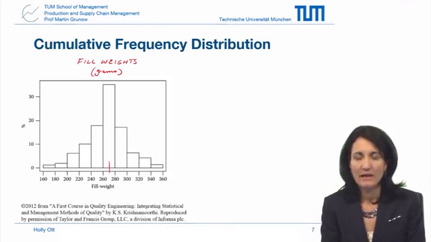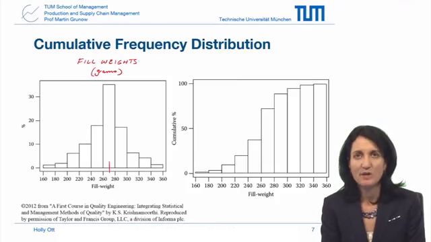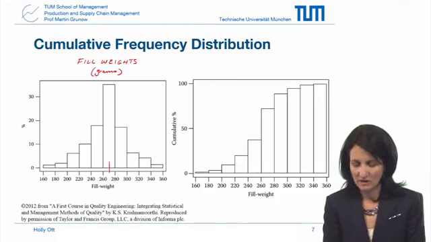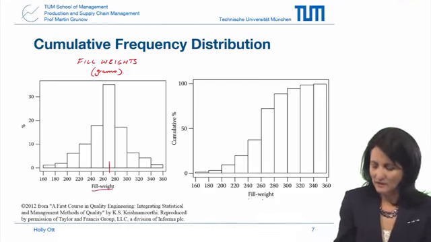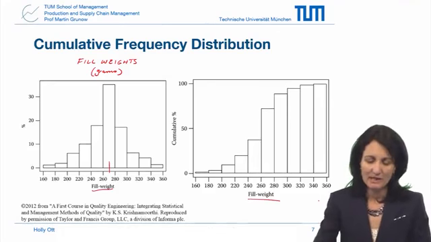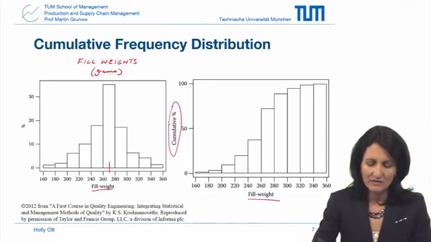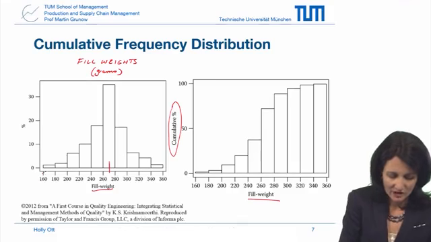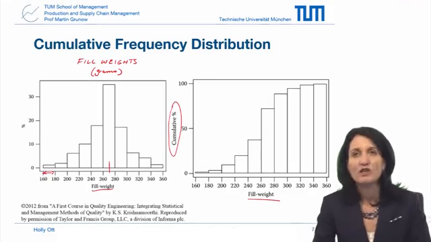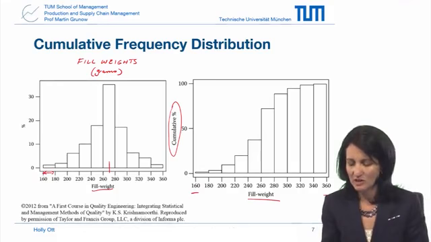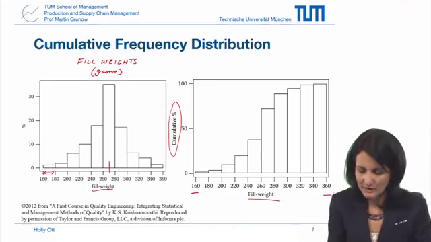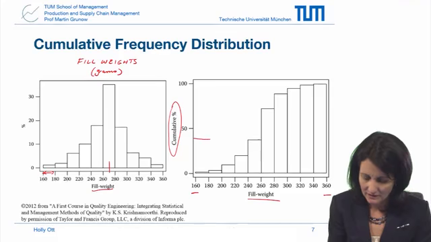We can look again at this information and this time plot it as the cumulative frequency distribution. So we have the same fill weight data on the x-axis, but here instead of the frequency distribution for each individual bin, we accumulate this from smallest to largest. So what does this tell us? Well, for example, if we look here we're at about 40%.